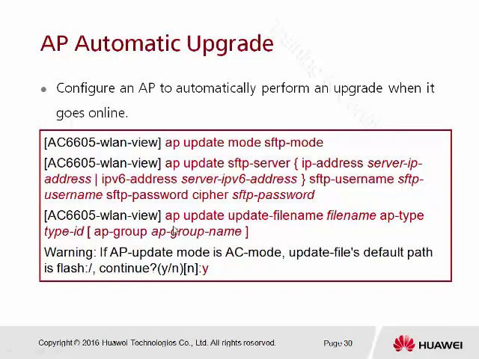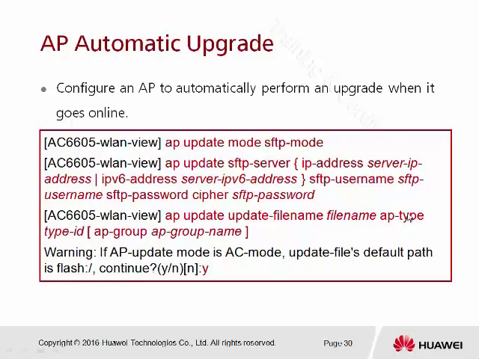Then the next one. If you're doing the AP automatic upgrade, this AC also needs to know what file name we're going to use for all the APs. So from here, we use AP update, giving the update file name followed by your file name, and select the AP type.